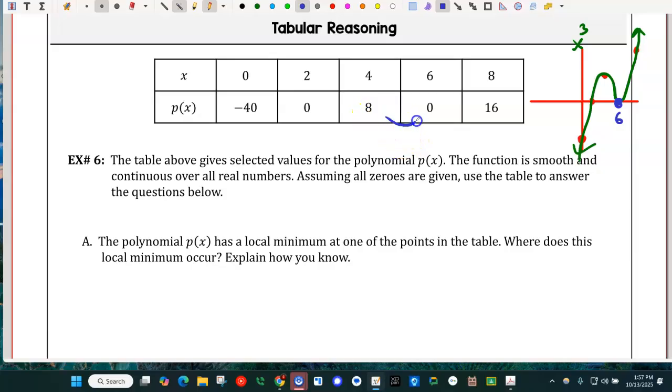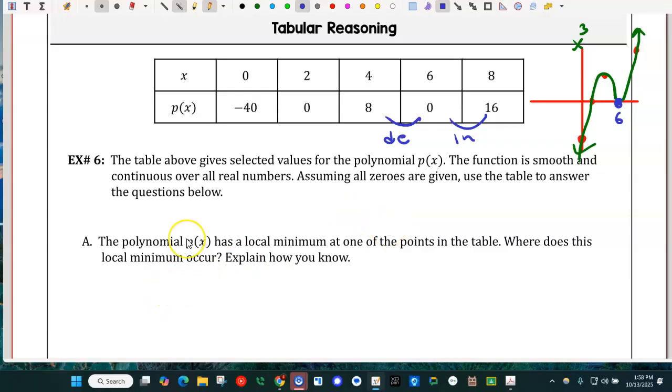So remember, a minimum is where it goes from decreasing to increasing. We could find this information even if we didn't plot this, just by looking at the table. From 8 to 0 it decreases, and it's at 0, so I know it's going to go back up, and then it goes back up and hits 16, so decreasing to increasing.